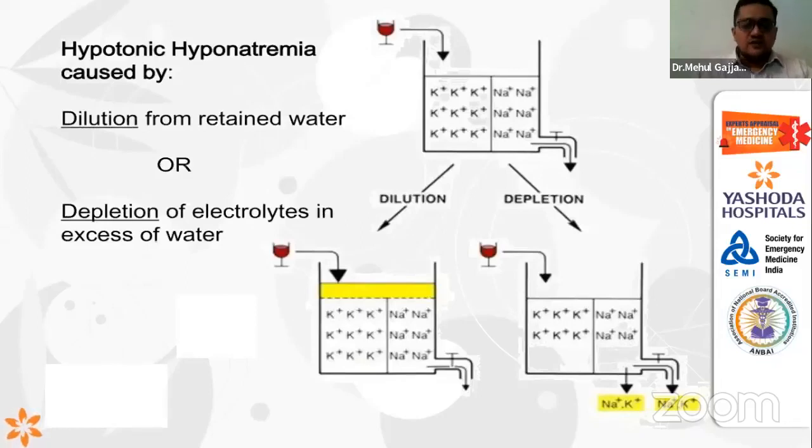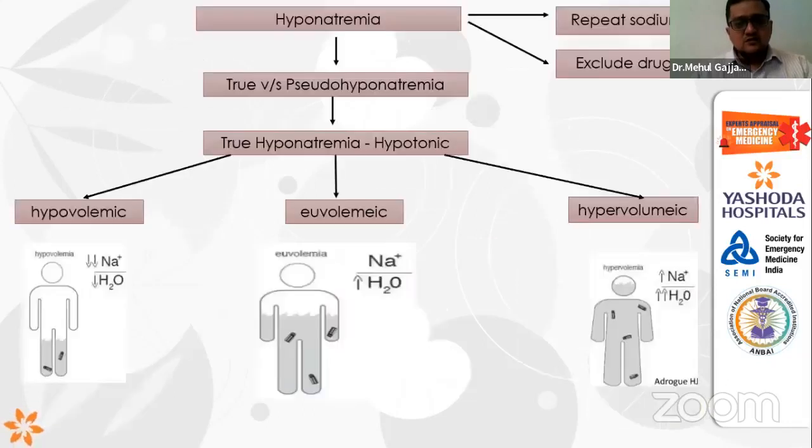So there is either dilutional hypotonic hyponatremia or depletional hypotonic hyponatremia. Once you have established that there is hypotonic hyponatremia, the next step is to check the volume status of the patient, whether it is hypovolemic, euvolemic, or hypervolemic hyponatremia.